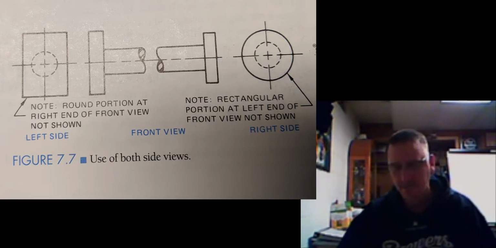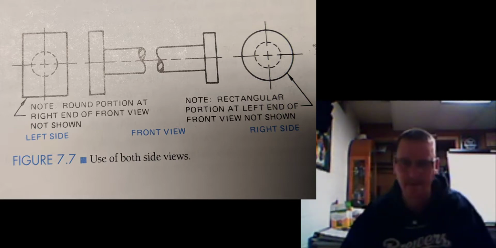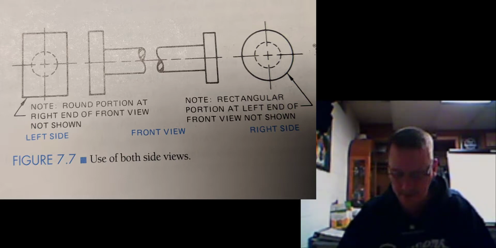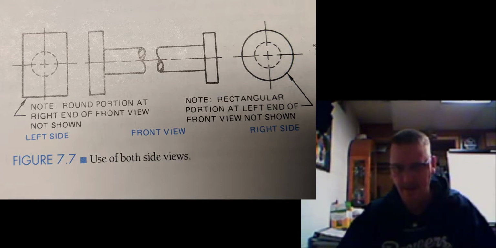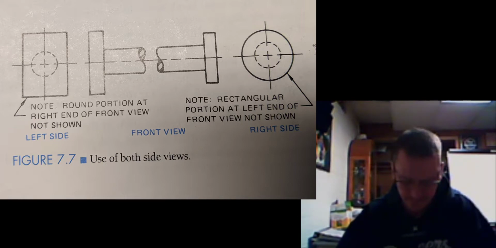But if you look on the right hand side viewpoint, it has a rounded object, but it does not show the complete viewpoint of your object from the right hand side, because that would just make that part of it a mess. The same as on the left hand side viewpoint, you don't see hidden lines showing the right handed side circular part. So that is just to clarify things.